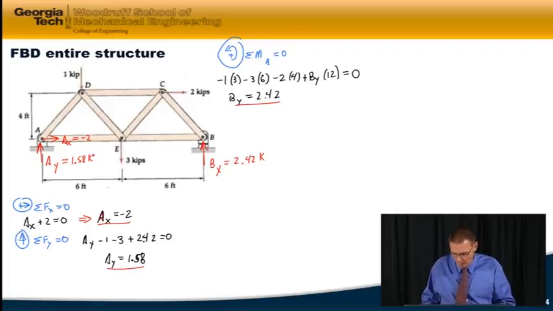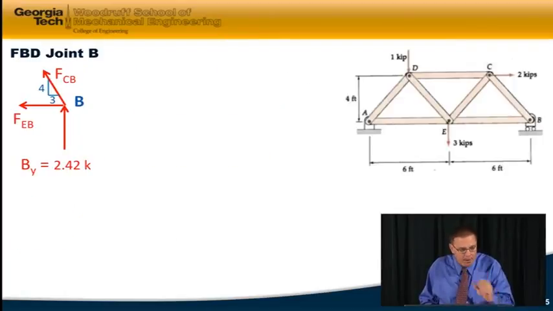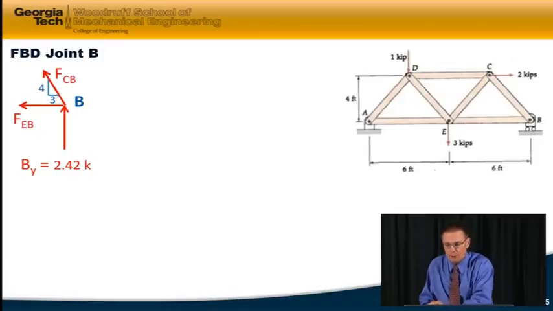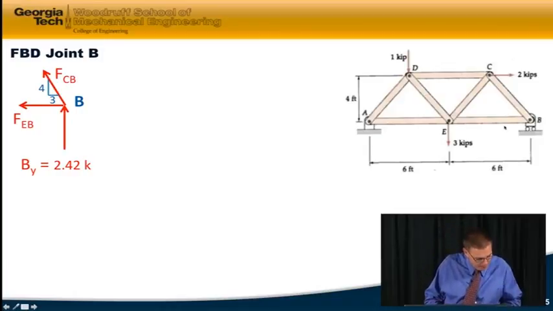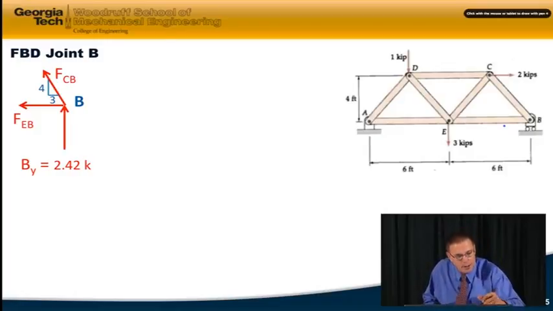Okay, so now we can go back to our free body diagram of joint B. I put in the BY of 2.42, and we can now use the equations of equilibrium to solve for our first two members, FCB and FEB. So let's sum forces in the Y direction.